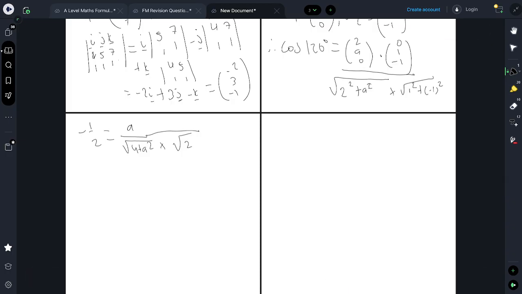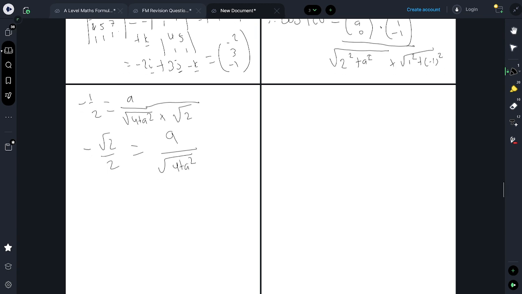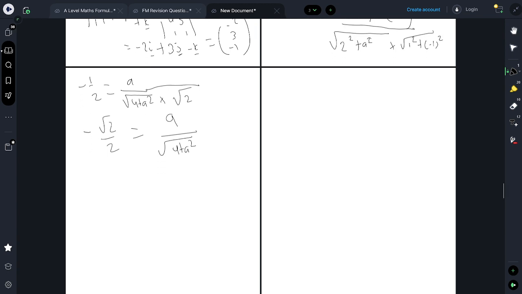Let's get rid of the root 2. Multiplying by root 2 on this side, minus root 2 over 2 is going to be a over root (4 plus a squared). Then we can compare: minus root 2 times root (4 plus a squared) is going to be 2a.